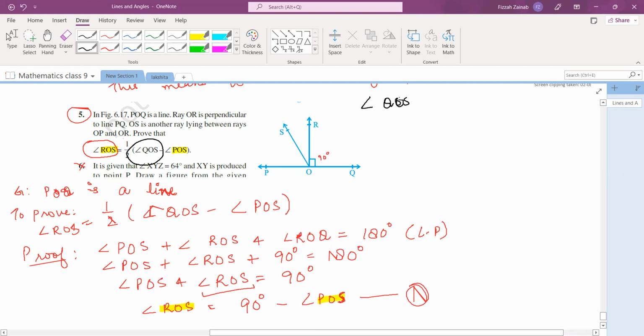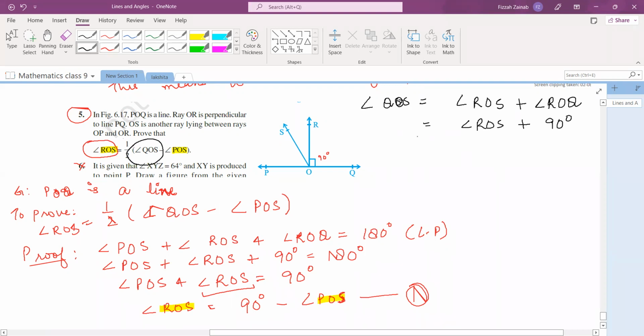How much is QOS? Now look in the figure. Where is QOS? So QOS can be written as angle ROS plus angle ROQ. Is this fine, Ahmad? Yes, ma'am. Okay. Now I know ROS plus ROQ is 90 degrees.